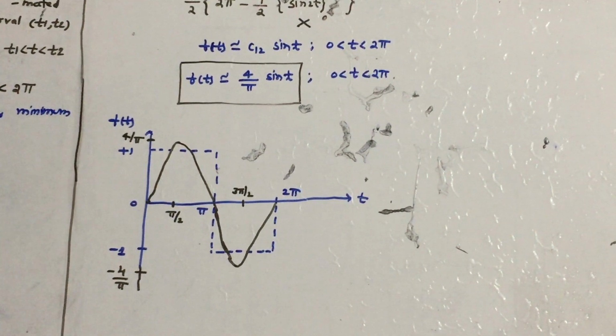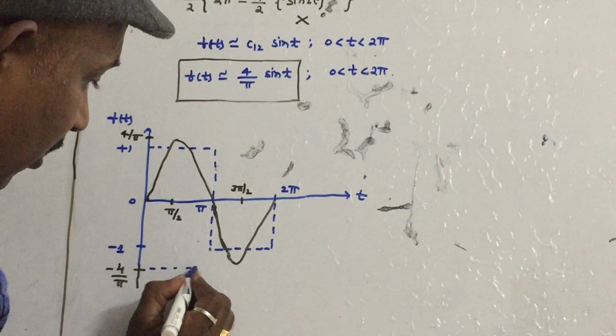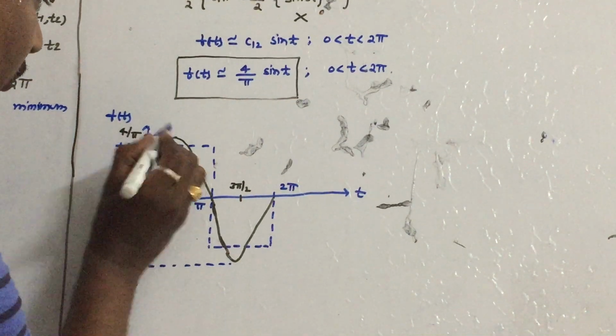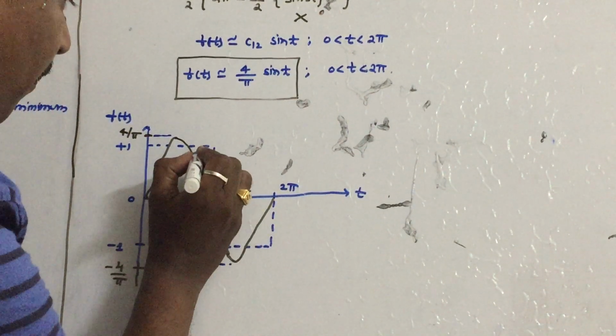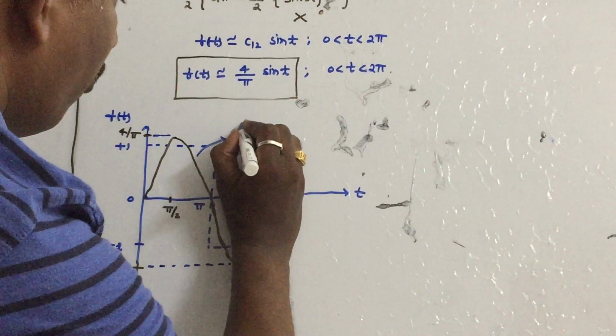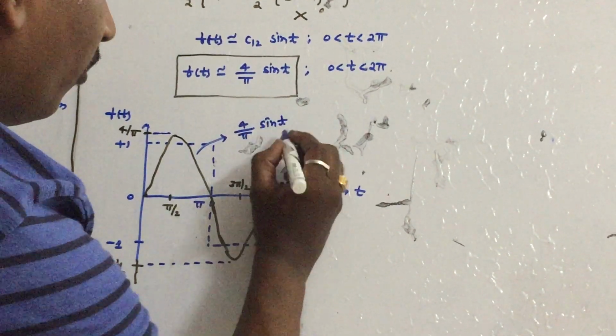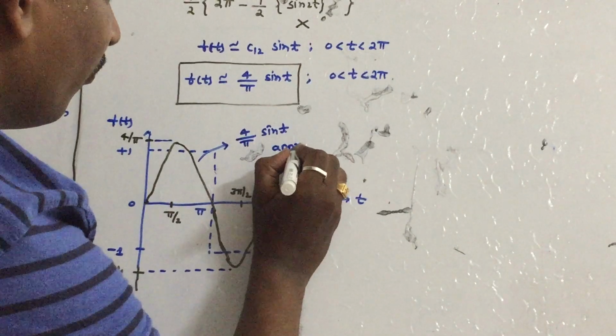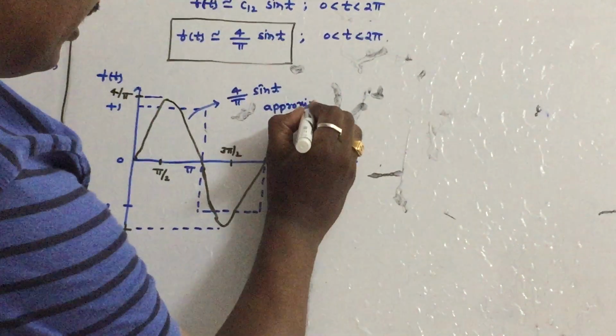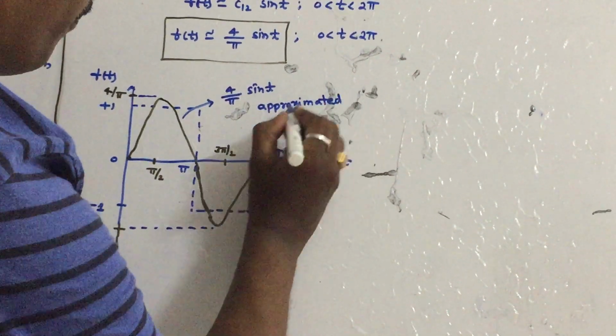So this is the approximated graph, with minus 4 by pi and 4 by pi. The black one is your 4 by pi into sin t. This is the approximated signal.